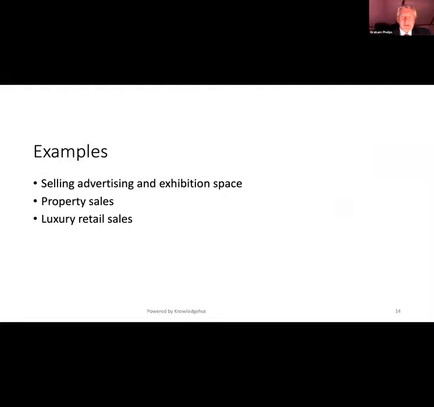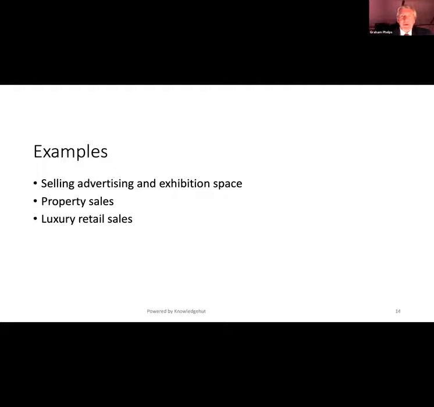The first one is selling business to business advertising or exhibition space. The second is property sales, either for lettings or rental, either for residential or any purpose. And this could be, of course, business to business if you're working in an office, sales environment, or an investment property team, or indeed selling to people looking for a home.